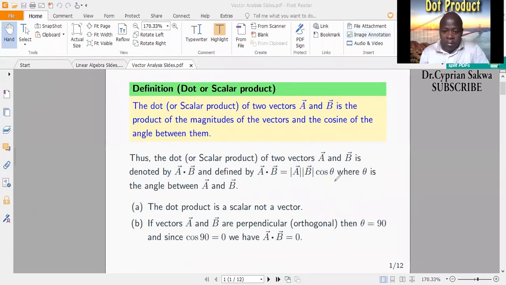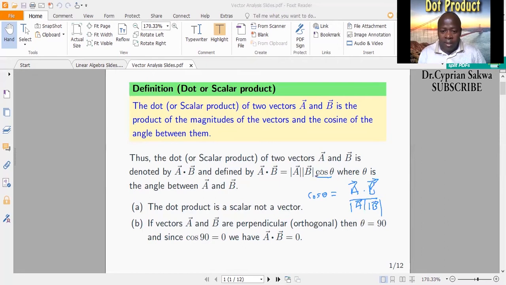Because if you want to get the angle between any two vectors, then you just make cos theta the subject of the formula, and you have that A dot B over the magnitude of A times the magnitude of B equals cos theta. So that theta is cos inverse of this.